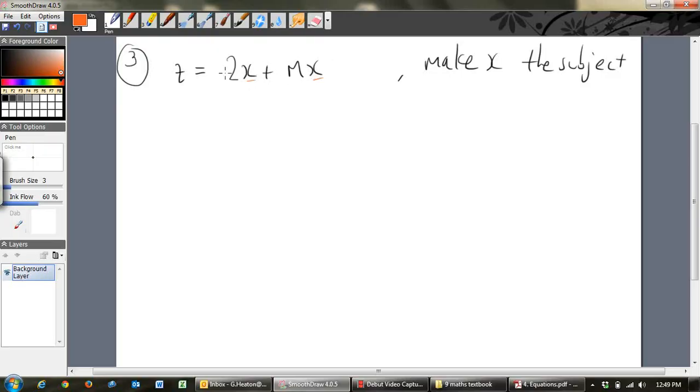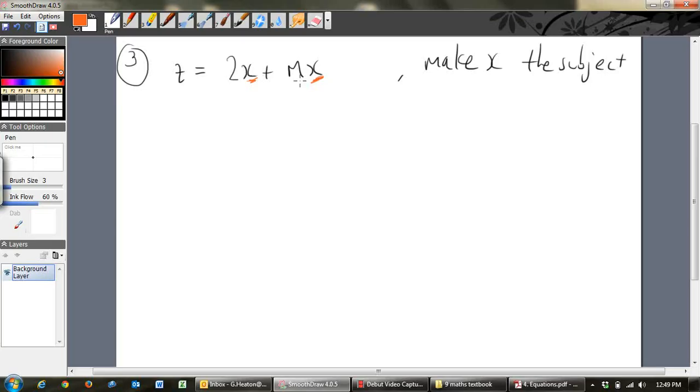If you try to move things onto the other side, you go around in circles, because say you're looking at this x here, and you move this stuff to the other side, and then you've got an x over there. It's like, oh, but I've got an x on both sides, what do I do? There's only one thing to do here, and you might groan when you hear it.